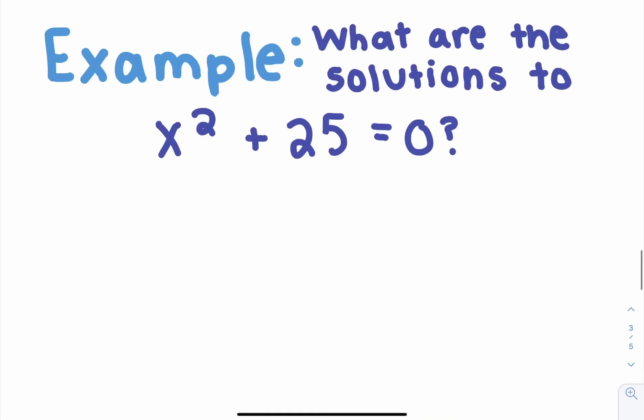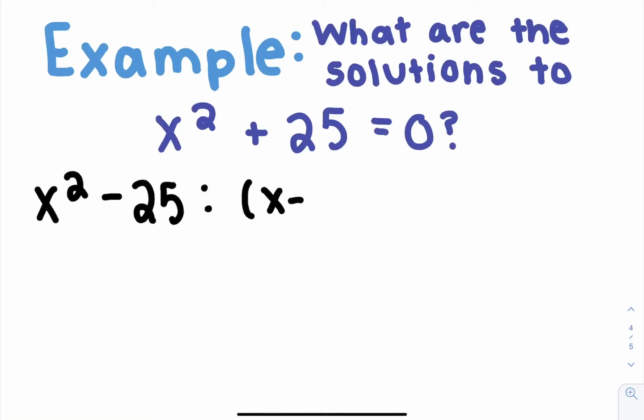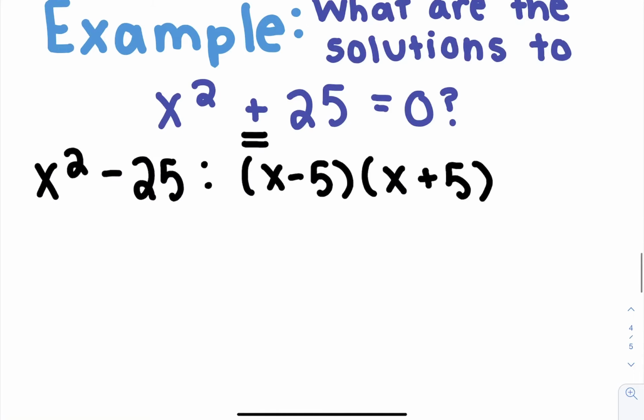Lastly, you might see something like this. If you recall, when we were trying to factor, if you found something like x squared minus 25, that was the difference of perfect squares. So you'd get x minus 5 times x plus 5. Notice now we have a plus sign right there. So what we have right now is called the sum of squares.